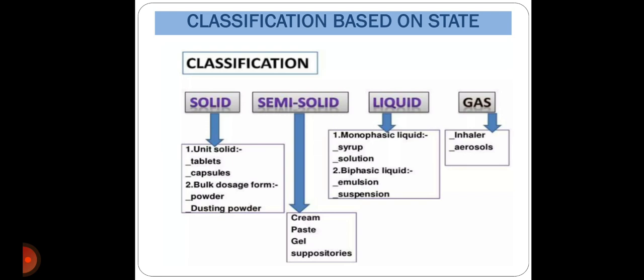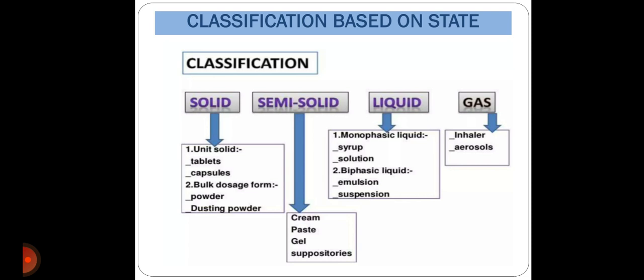Now, classification based on state. Based on the state of matter, it can be classified into solid, semi-solid, liquid and gaseous. These are the simple classification of any dosage form, not specific to the emulsion dosage form.